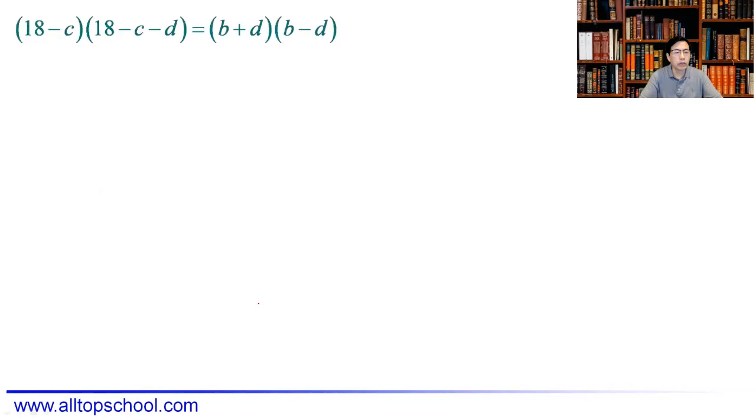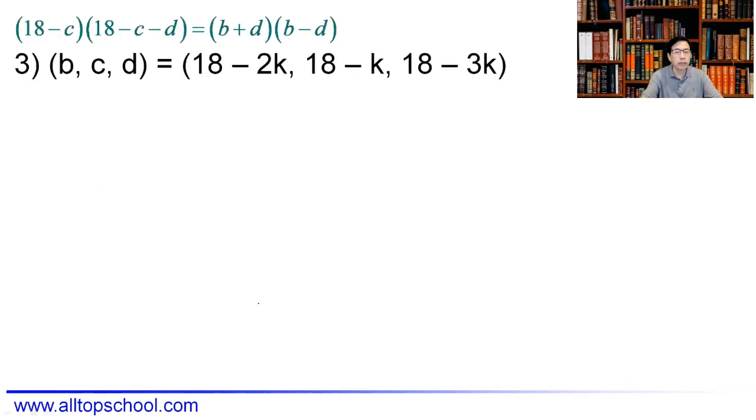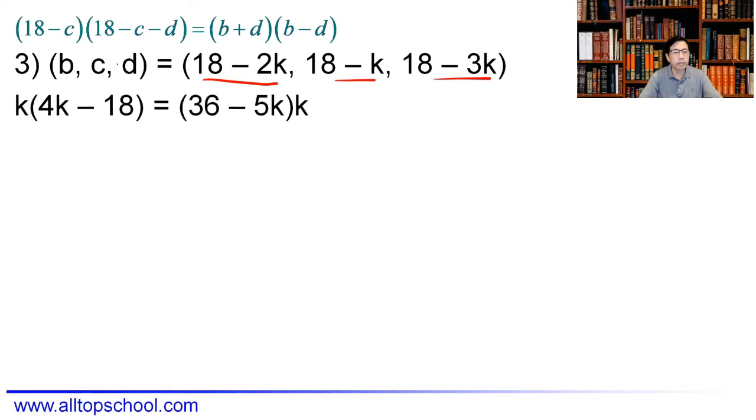We're going to go to the third case. B equal to 18 minus 2K. The other one is going to be 18 minus K, and 18 minus 3K. So we follow this order, subtract it, C is here, K. 18, these two add together, 36 minus 4K. 18 minus that, you're going to have 4K minus 18.